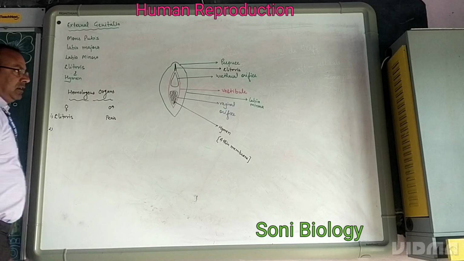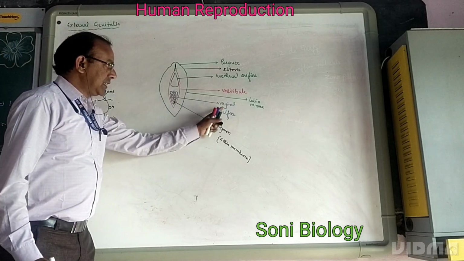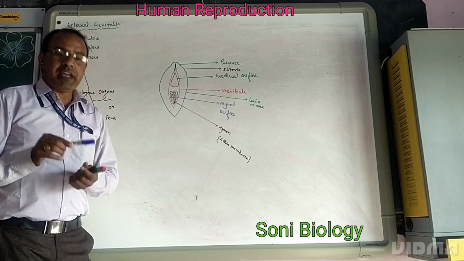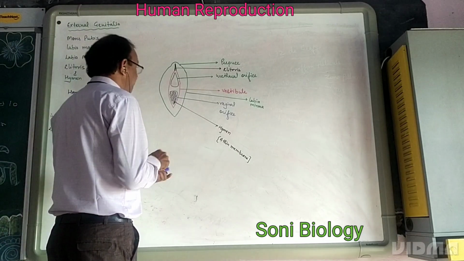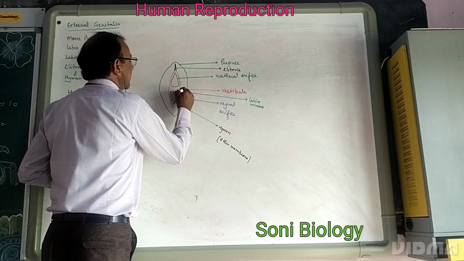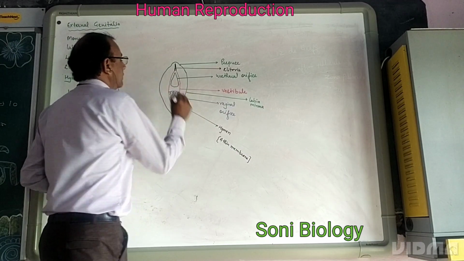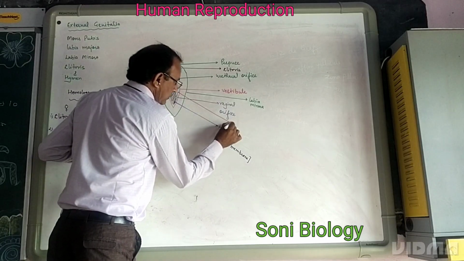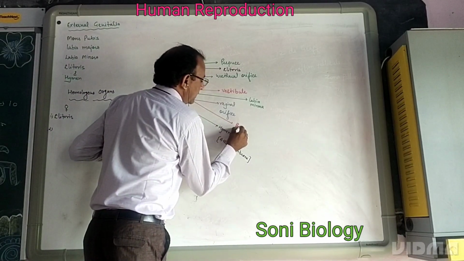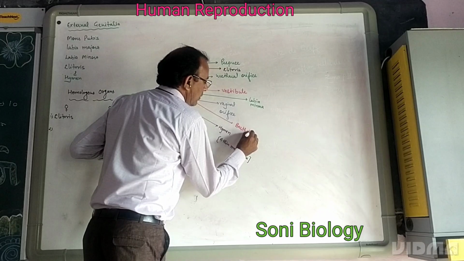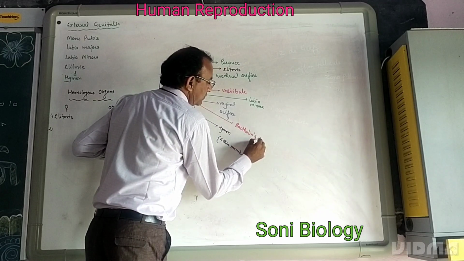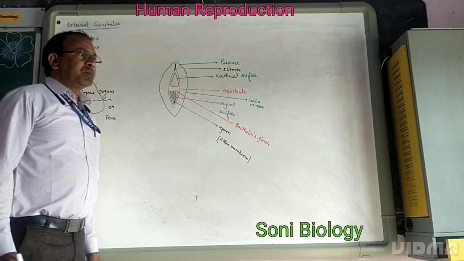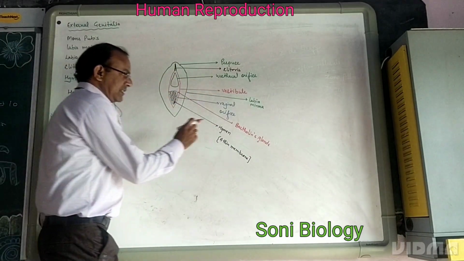The second one is just outside the vaginal orifice, or near to the vaginal orifice, where a pair of glands is present. This pair of glands is known as Bartholin's gland. This gland is also called bulbovestibular gland.